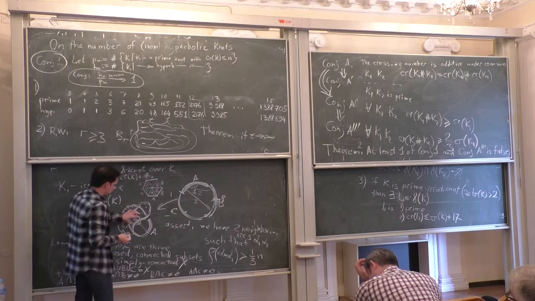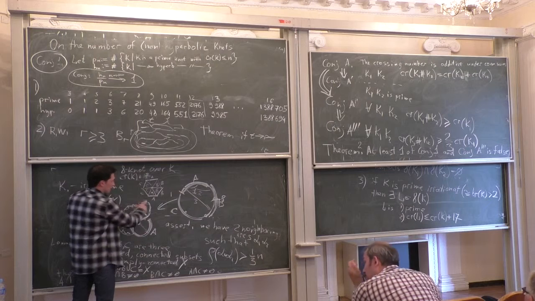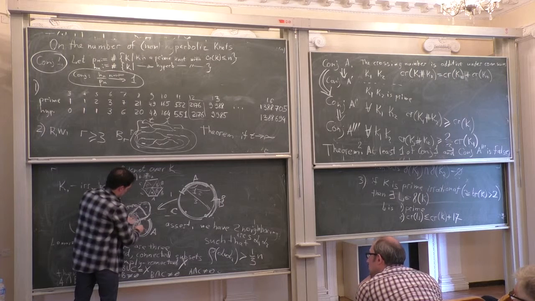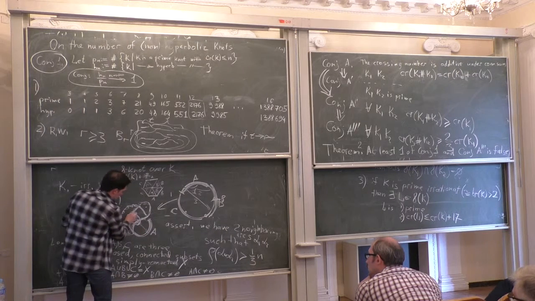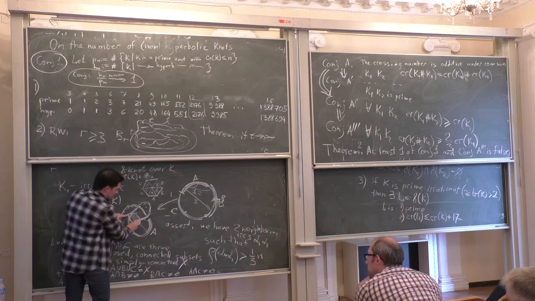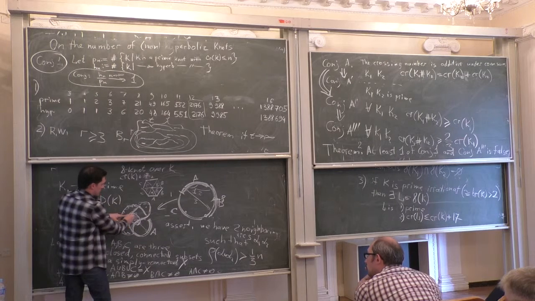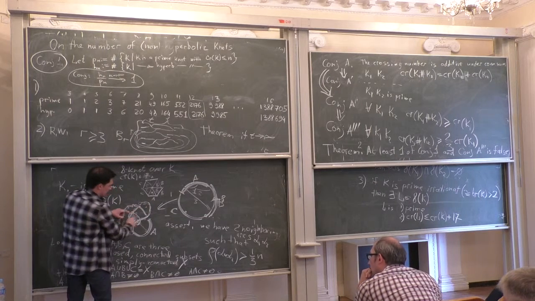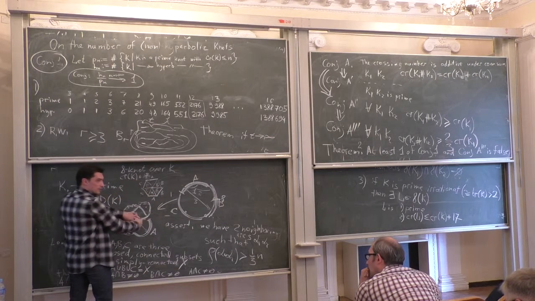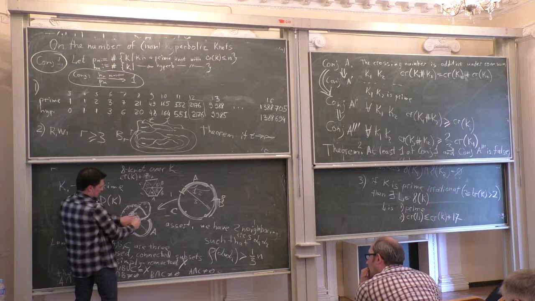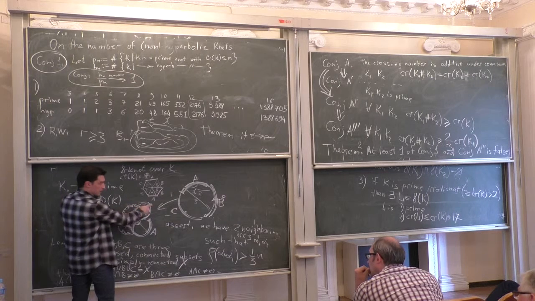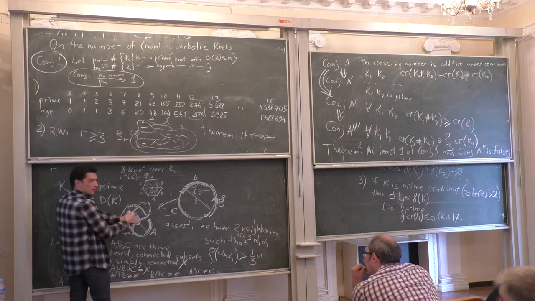That's because when I have a minimal diagram of a knot and choose any such disk intersecting this diagram in 2 arcs, the rest of the diagram, if I imagine that this is on the sphere, so this is the complement of this disk, is a disk with a diagram. So it's a diagram of a tangle.